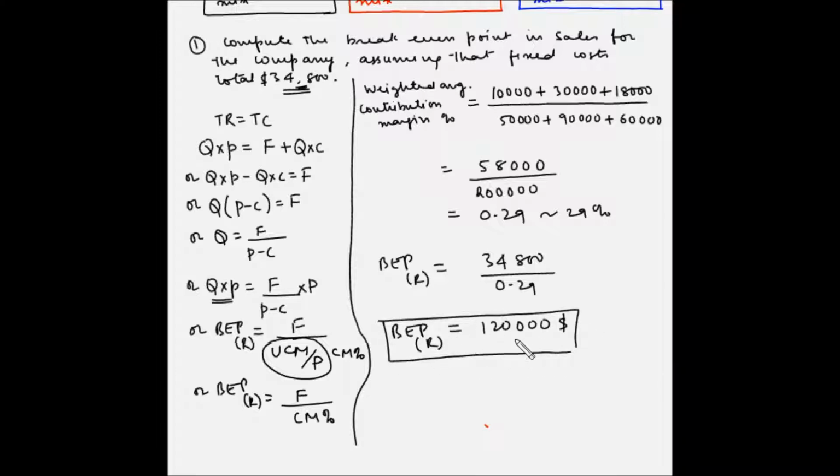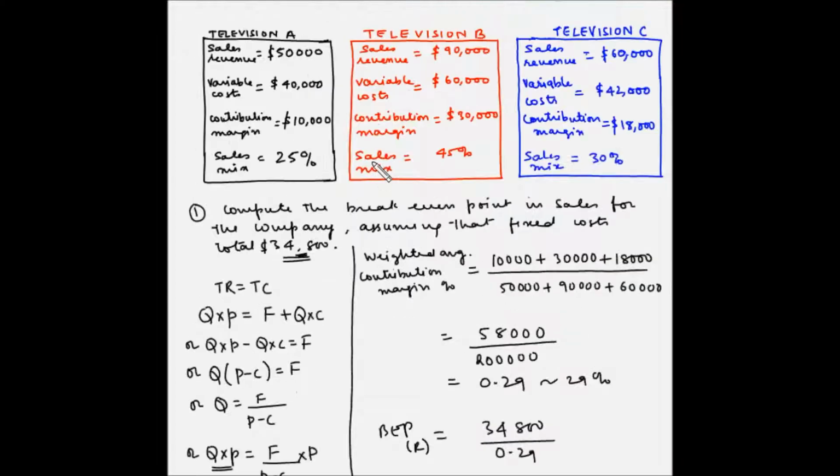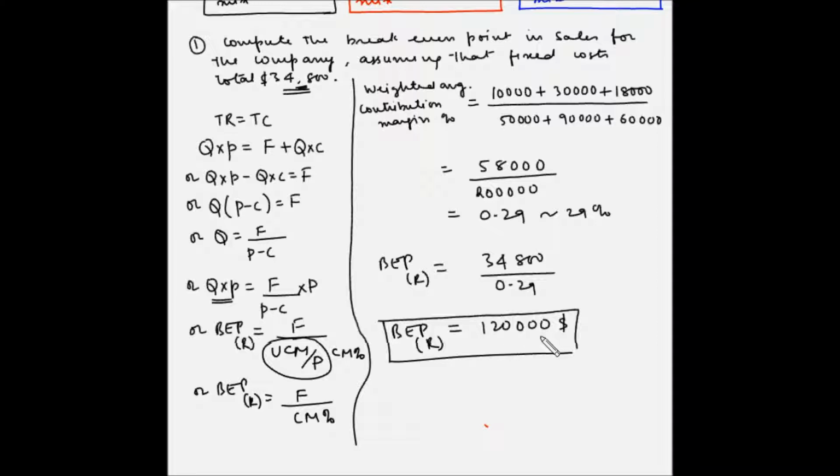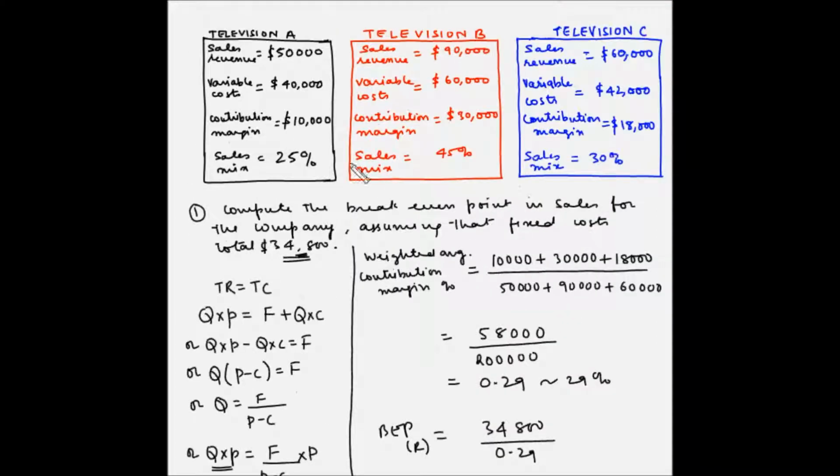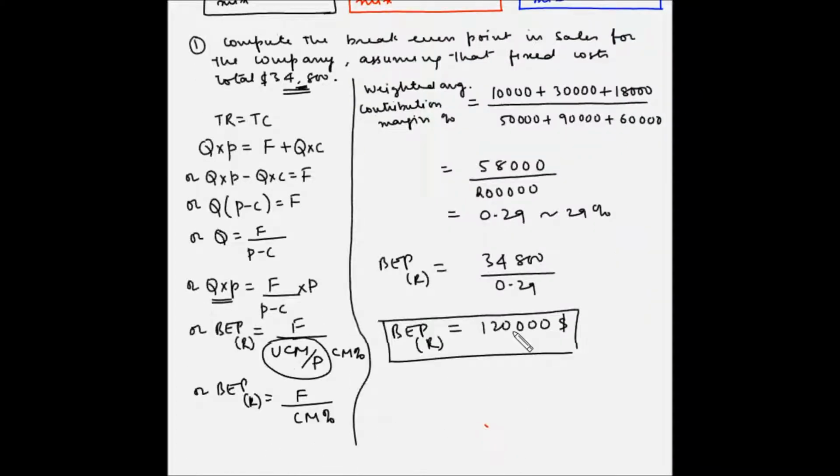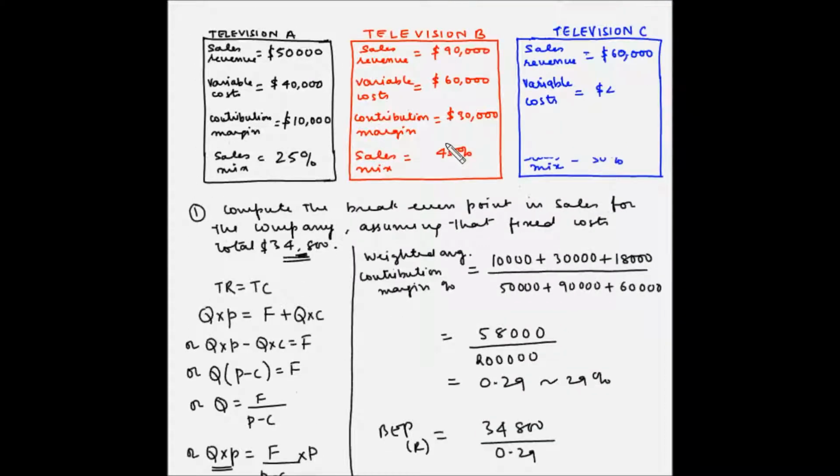So what this means is that the total sales combined for A, B and C should be $120,000. Now we are already doing a sales of $200,000, which is much more than $120,000. So that means we have already surpassed the break-even point and are currently making profits.